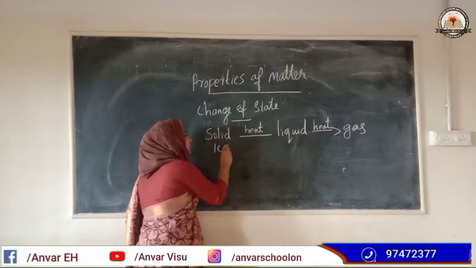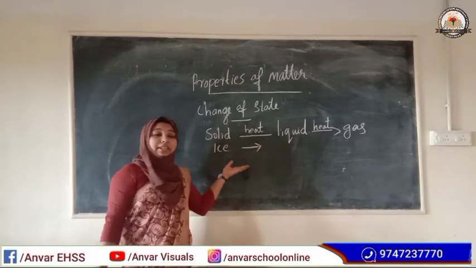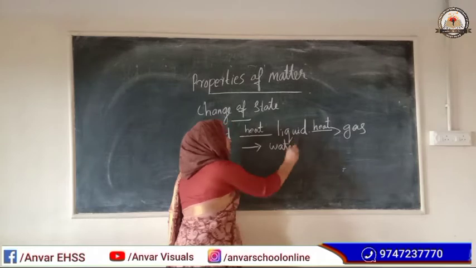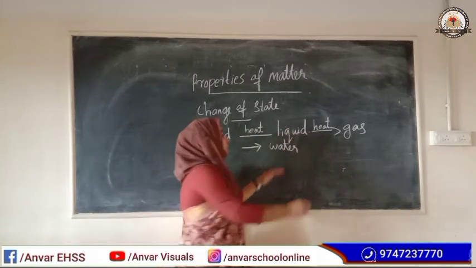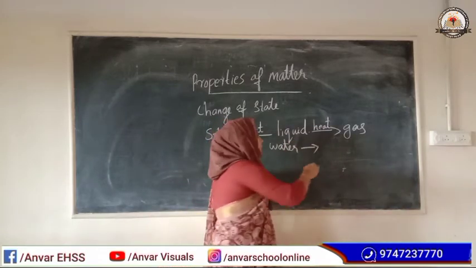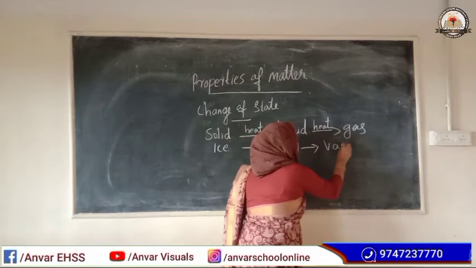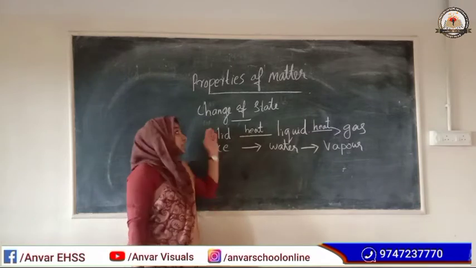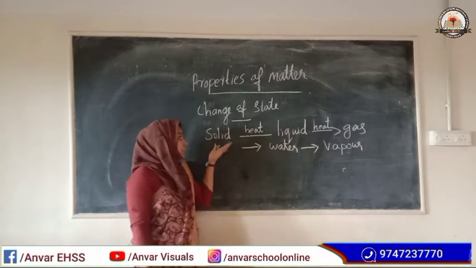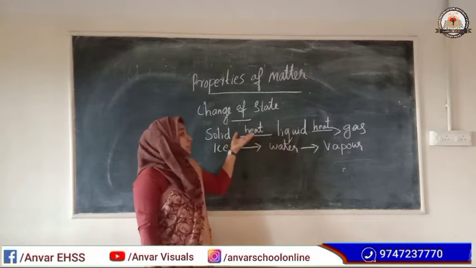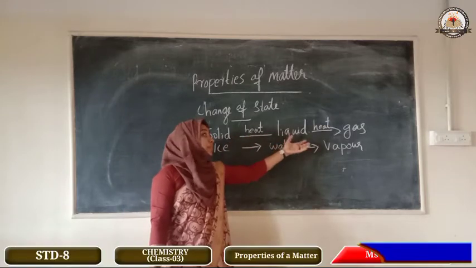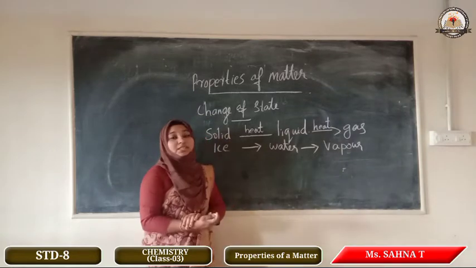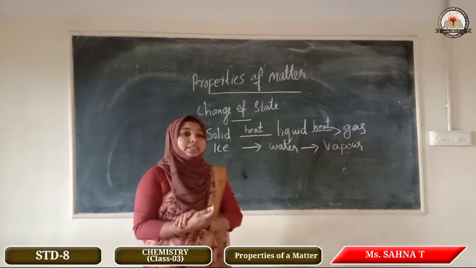When we heat ice, the ice is converted into water. Then when we heat water, the water is again converted into vapor. This process is called change of a state. That means when we apply heat, the state changes.